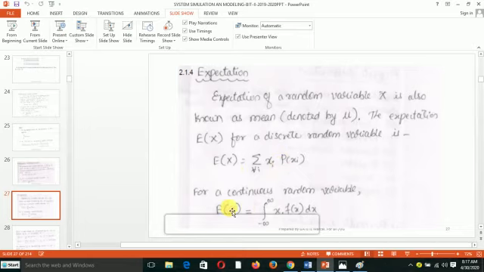For a continuous random variable, we are going to use integrals. We will go from the range of minus infinity to plus infinity, x multiplied by fx. So it is almost the same as what we did here. We had xi here, we took x multiplied by pxi, here we multiply by fx. It will be the same.